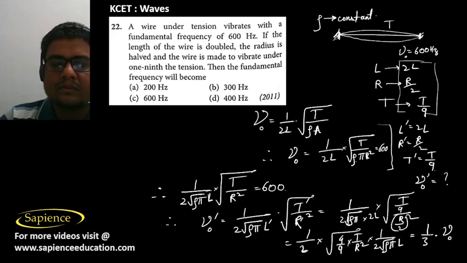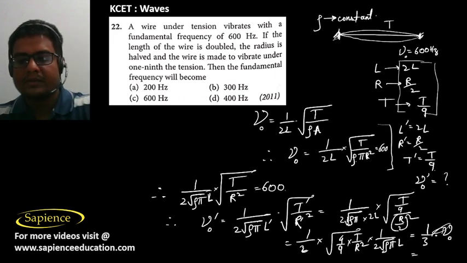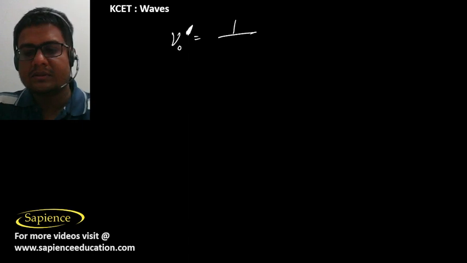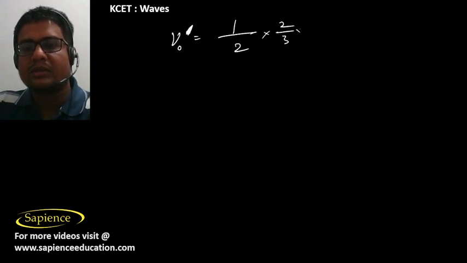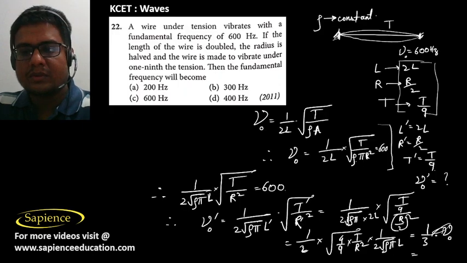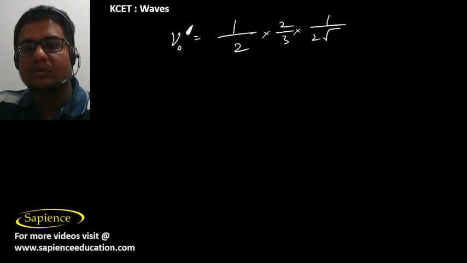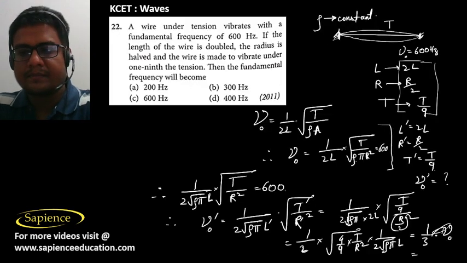So here we see that nu naught dash is coming 1 by 2 into 2 by 3 into 1 by 2 root rho pi L into root over T by R square.